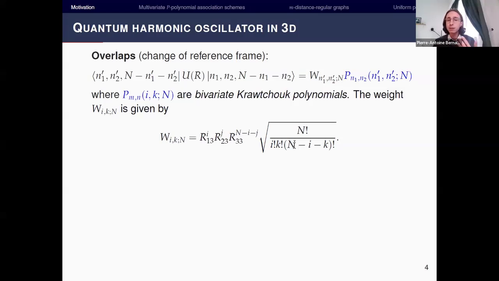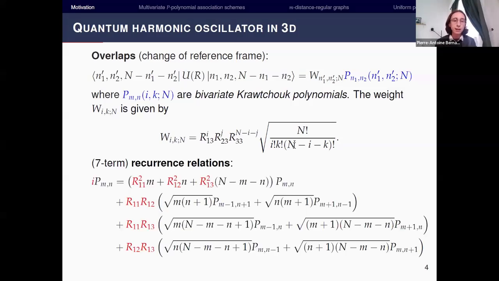You can show this by solving a recurrence relation. Something important to note, because we'll see it later, is that the usual orthogonal polynomials known as Krawtchouk polynomials verify a three-term recurrence relation because they are orthogonal polynomials. Now, because we're considering bivariate orthogonal polynomials, we have a generalization of this type of recurrence.